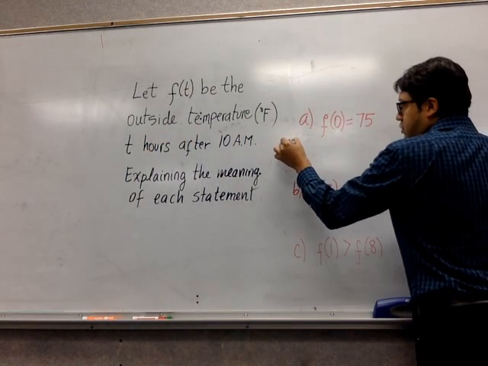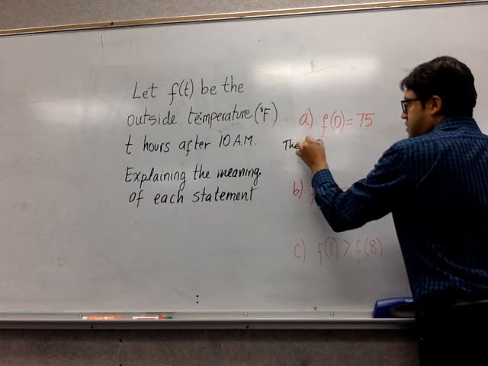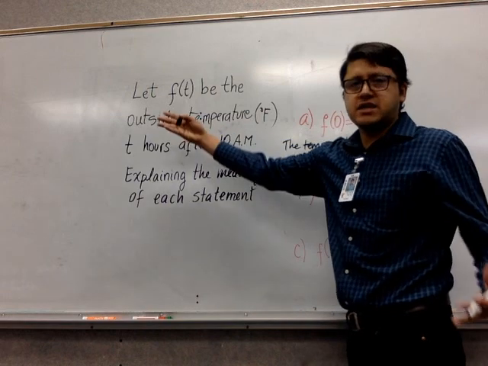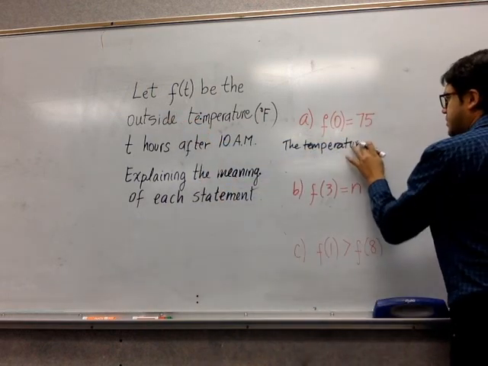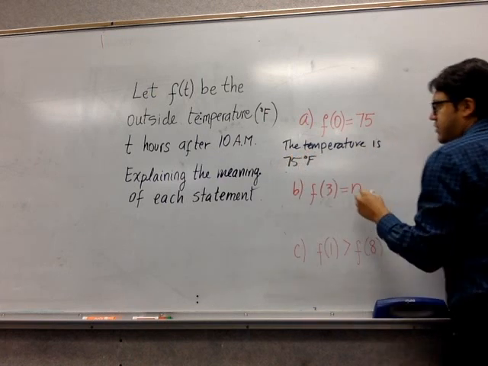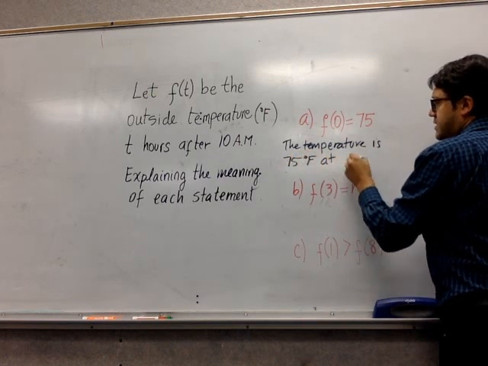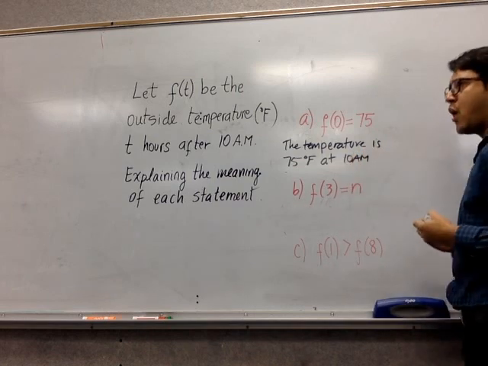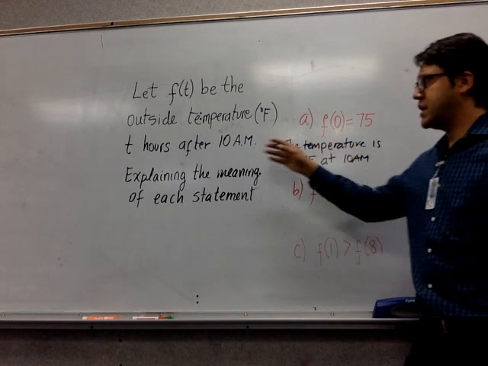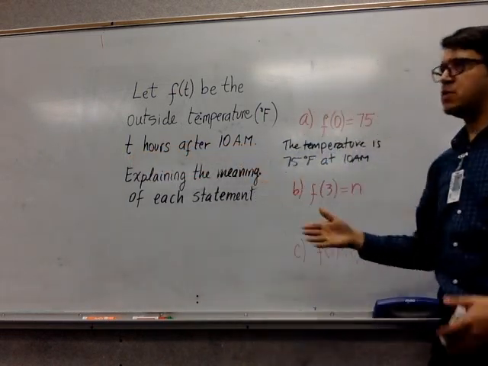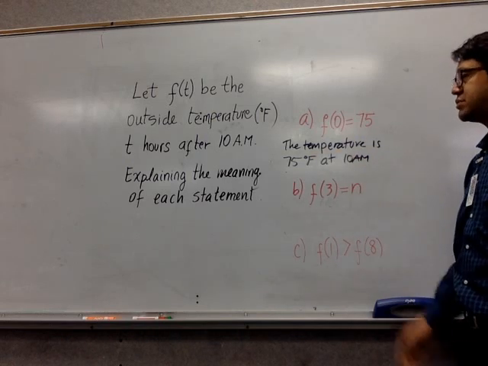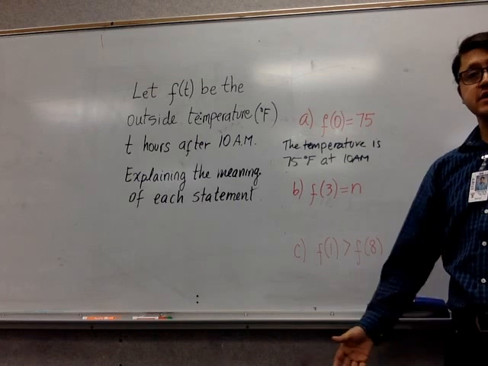So I could write this: the outside temperature, to be more accurate, is 75 degrees Fahrenheit at 10 a.m. And why do I say 10 a.m.? Because I understand that 0 is 0 hours after 10 a.m., which is the time I am referring to. Conclusion, the temperature is 75 degrees at 10 a.m. That is the first statement.